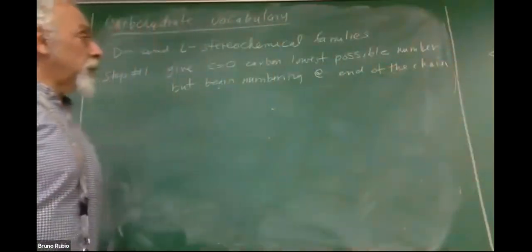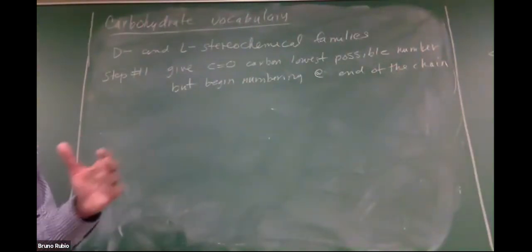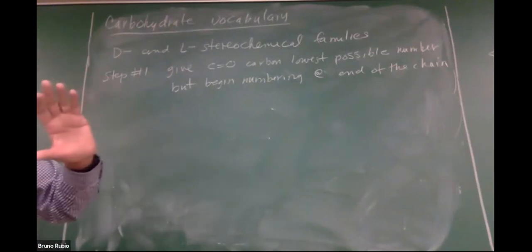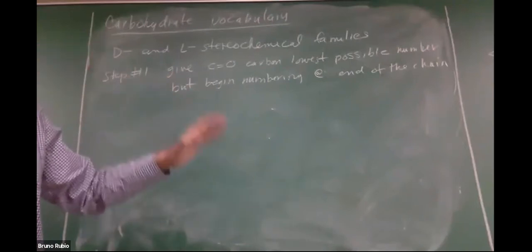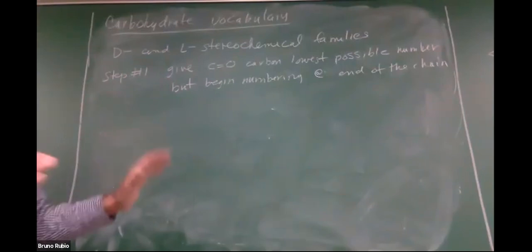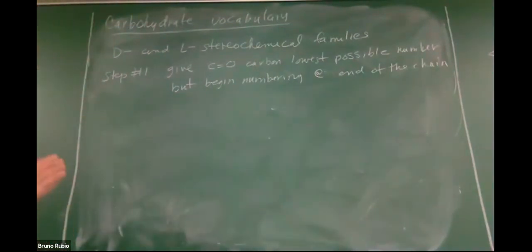Okay, so you're looking for the ketone or the aldehyde functionality, and you're numbering all of the carbons in the carbohydrate, but you're giving the carbonyl carbon the lowest possible number, but you have to start numbering at the end of the chain. Let me go through all of these rules, and then we can work some examples.